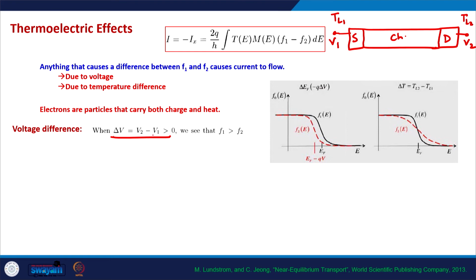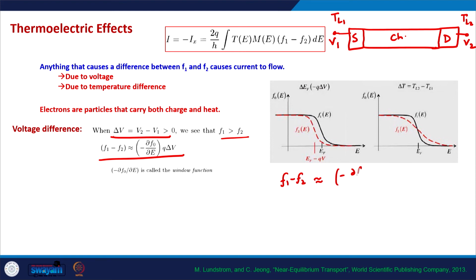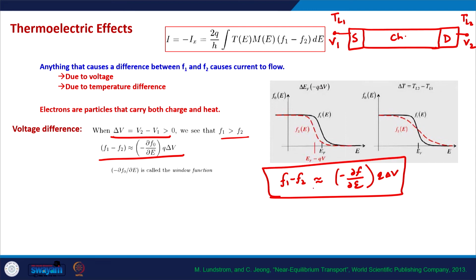So, if V2 is greater than V1, in that case F1 is greater than F2, and if you remember, in near equilibrium transport, F1 minus F2 is equal to minus del F by del E times q times delta V. So, this is the near equilibrium transport in which the voltage difference is small.